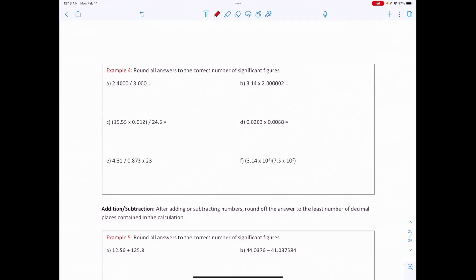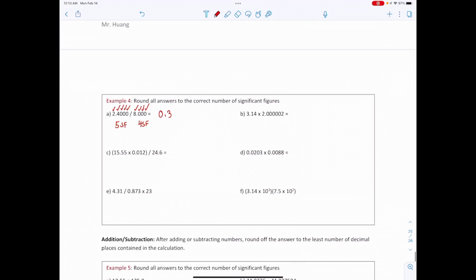If you punch into your calculator 2.4000 divided by 8.000, you will get 0.3. This is what your calculator will tell you. But if we're doing multiplication or division, we need to look at the question. In question A, 2.4000 is 5 sig figs. The 8.000 is 4 sig figs.